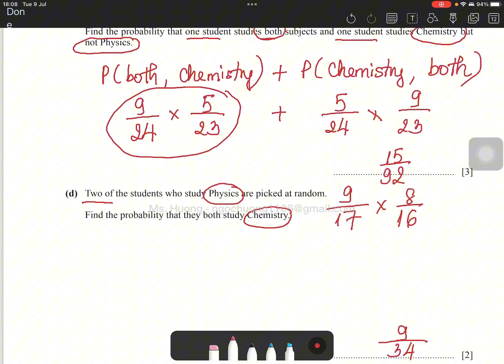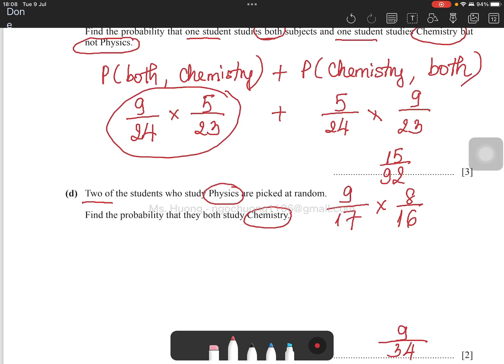In question C, you see that we also pick 2 students and there are 2 cases, because the order is very important. Maybe the first student studies both and the second student only studies chemistry. Or maybe the first student only studies chemistry and then the second student studies both.